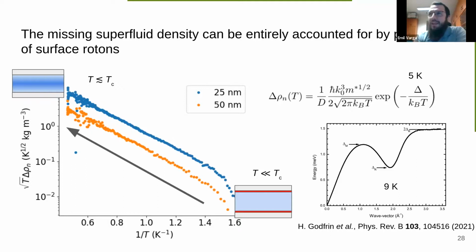And from what I remember, the effective mass here, because this is a square root and this is to the power of three, produces a relatively weak effect.